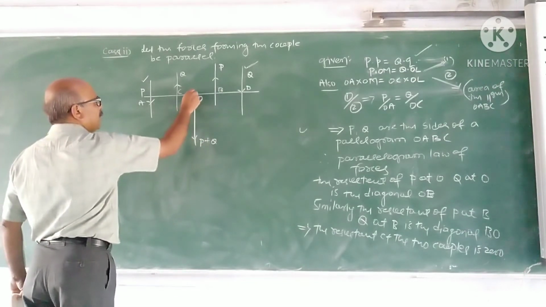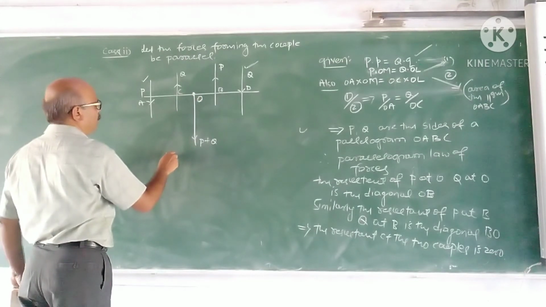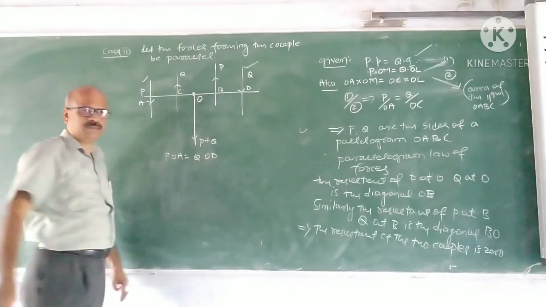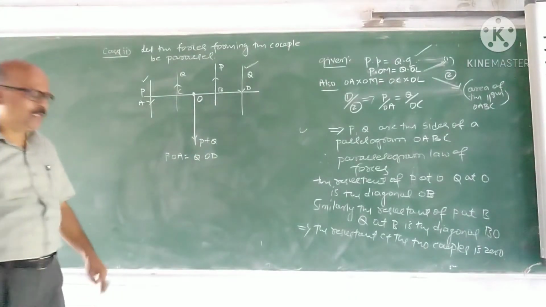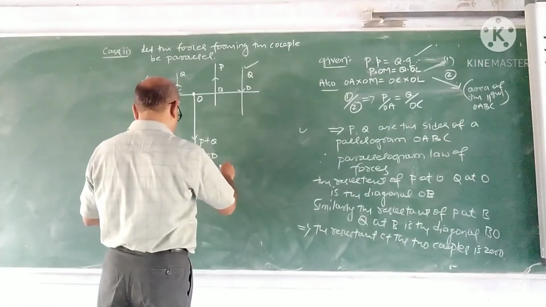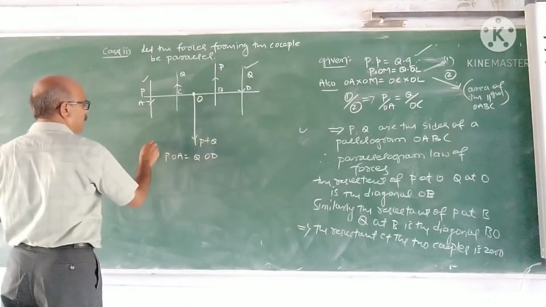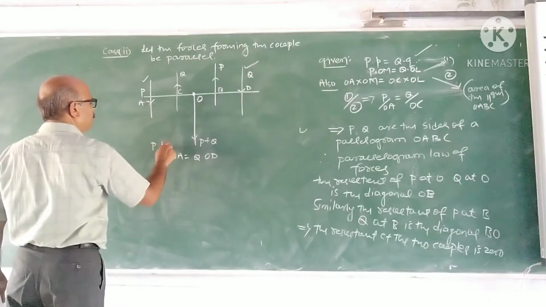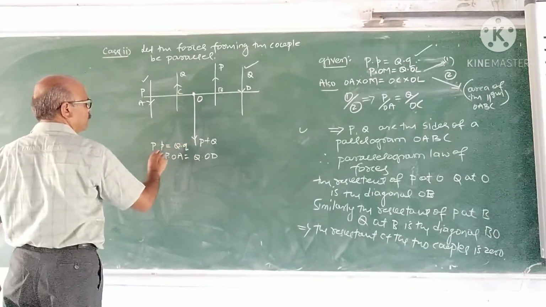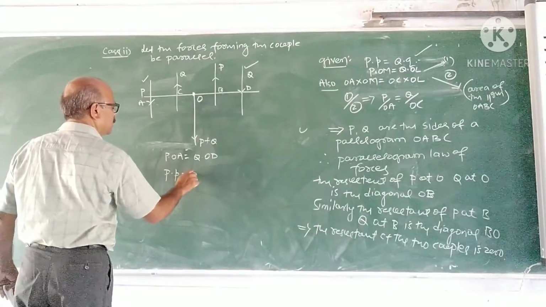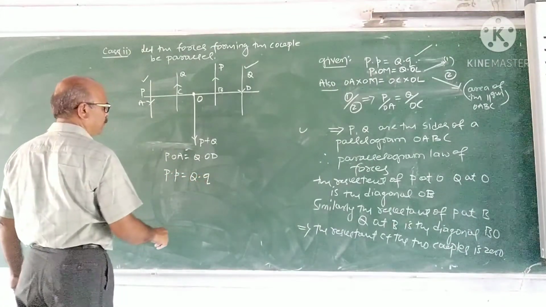And how to get O here? P into OA is equal to Q into OD. O is given by this. And what is given? Given P into p is Q into q. P into p is Q into q.